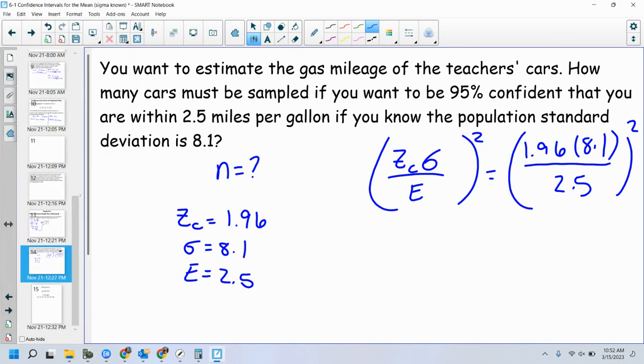Okay, 40.33. So n is 40.33. So can I choose 40 people? No, I've got to go 41 people, right? Because if I choose 40 people, that's not enough. I need to choose 41 people to meet my threshold.